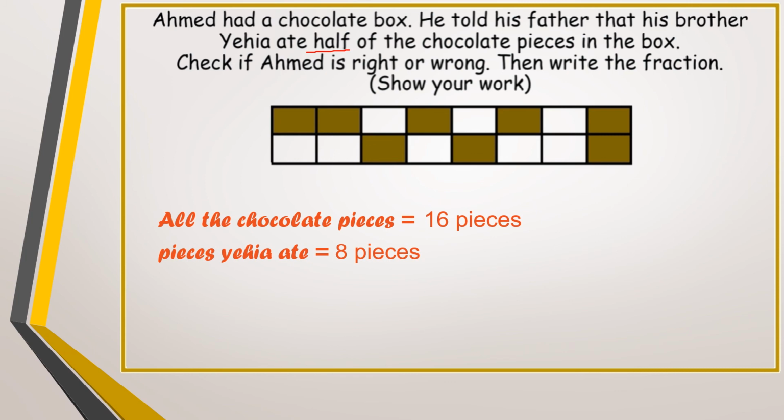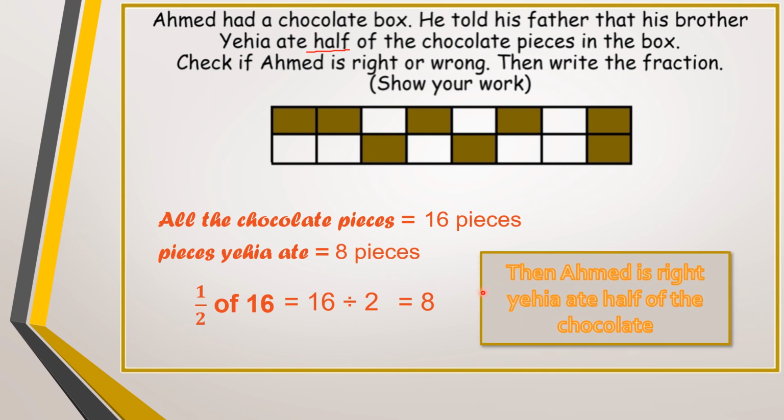So if all the pieces is 16, let's find half of 16. Half of 16 means 16 divided by 2. 16 divided by 2 equals 8. And yes, Yahya ate 8 pieces, so Ahmed was right. Yahya ate half of the chocolates.